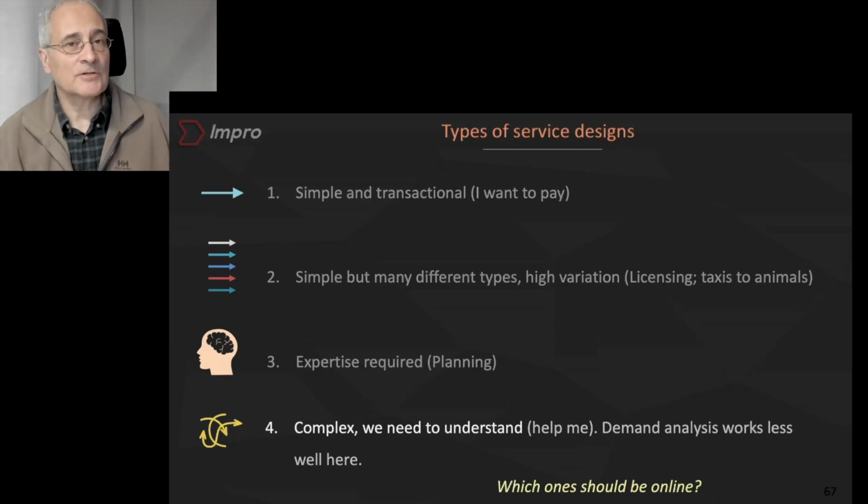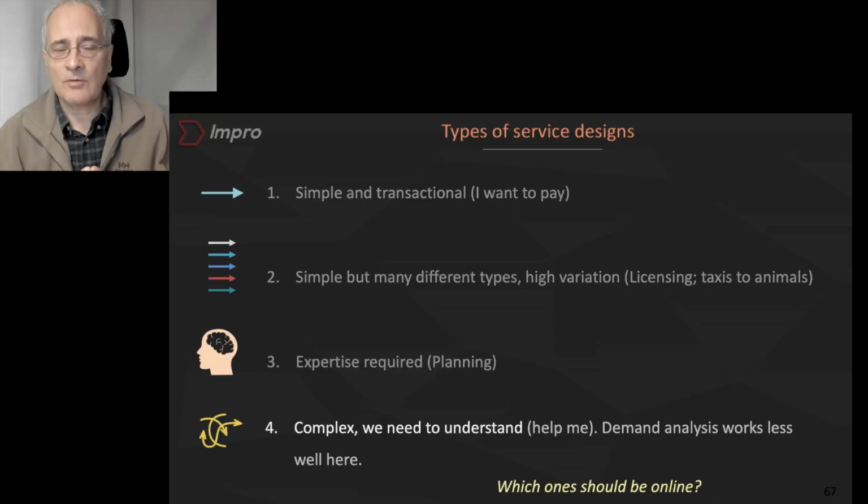Now, can you imagine when you apply the logic of making something more efficient? Let's say by not talking to people, but by just asking for forms that come into the organization. You think, well, that's going to be much more efficient than individually talking to each individual person, because it's going to save time for my staff. And in some cases, if the service was simple and transactional, that may well be true.